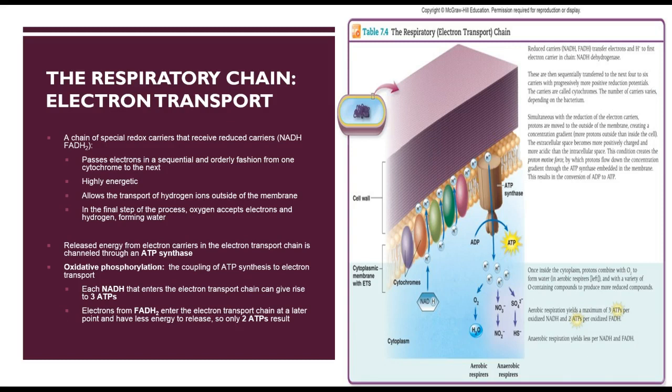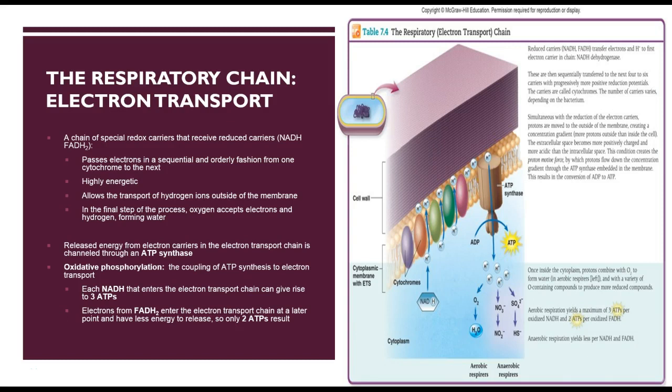And this is where the greatest amount of energy in aerobic and anaerobic respiration is produced. The electron transport chain involves special cytoplasmic membrane proteins that are going to allow electrons and protons to pass from each cytochrome protein within the membrane in sequence, and that movement of those electrons is going to generate some energy.